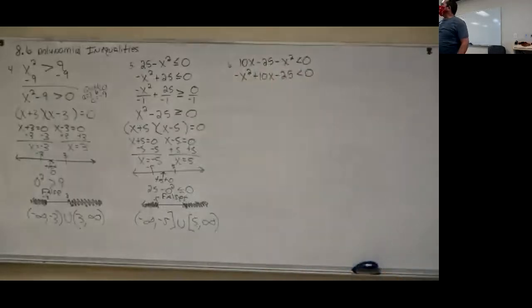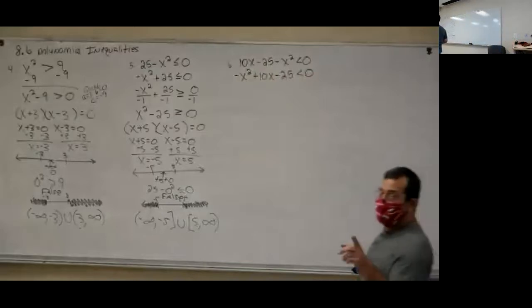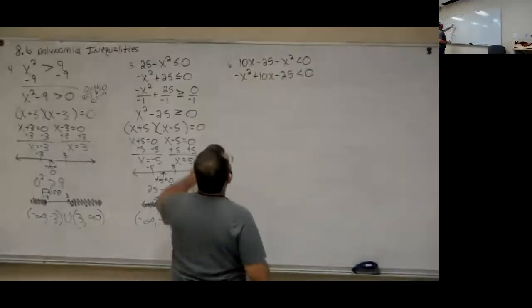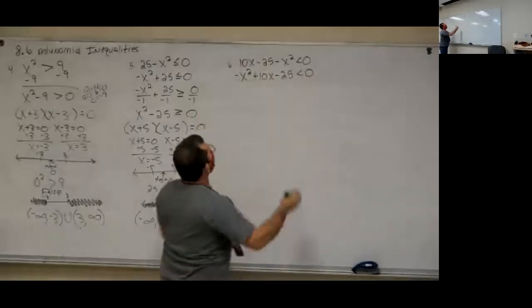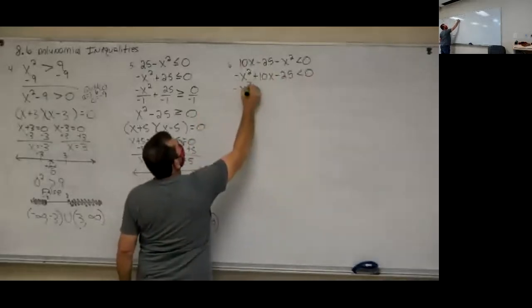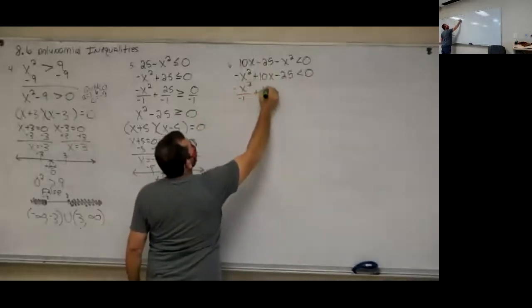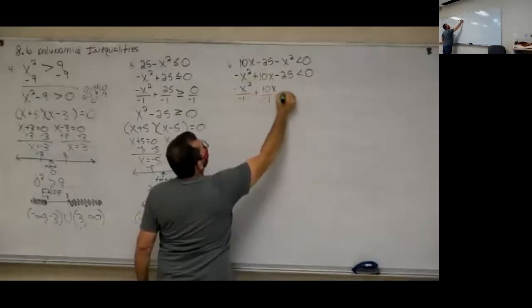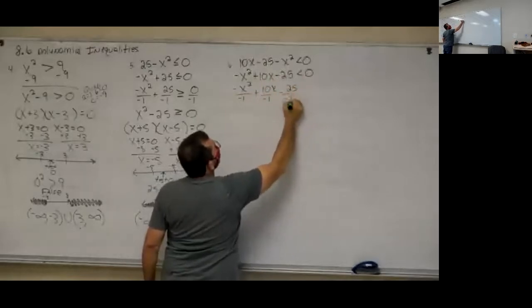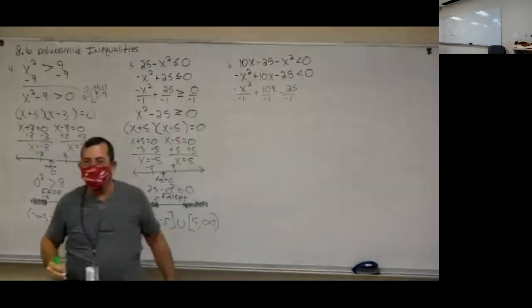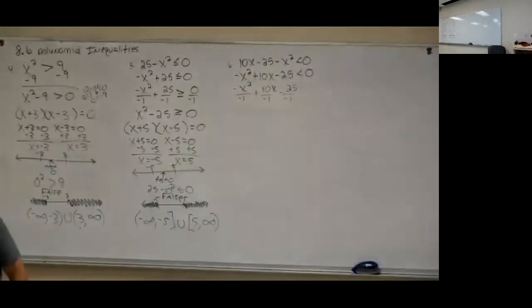So just curious, what do y'all think I'm going to do next to that? I'm going to divide by -1 because I want that x squared term to be positive again. So divide everybody by -1. Which means I'm going to flip my little inequality around.